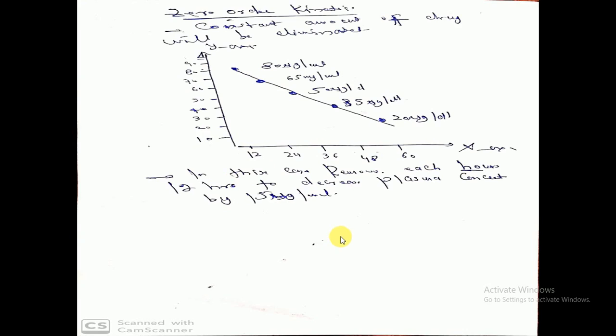Let's suppose this is the total concentration of the drug, which is 80 microgram per ml. With the passage of time, after the first 12 hours, or you can say after the first half-life, the concentration of the drug was reduced to 65 microgram per ml, and the drug which is reduced is almost 15 microgram per ml.